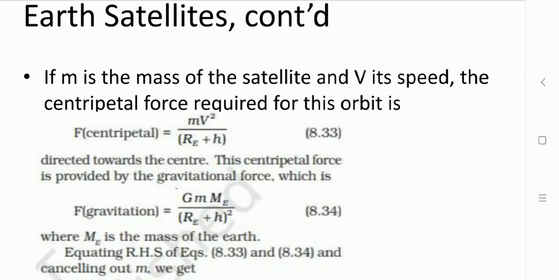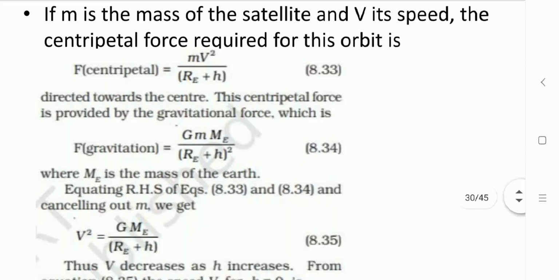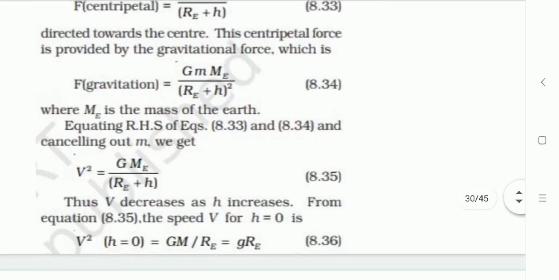Here this centripetal force is provided by the gravitational force. That is equal to G ME m by (RE plus h) square, where ME is the mass of the Earth. By equating both equations and making v the subject, v square equals G ME upon RE plus h.